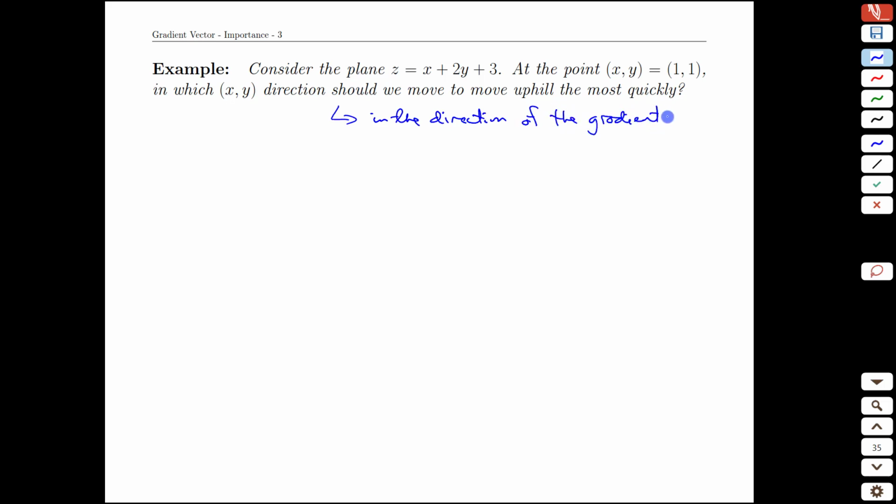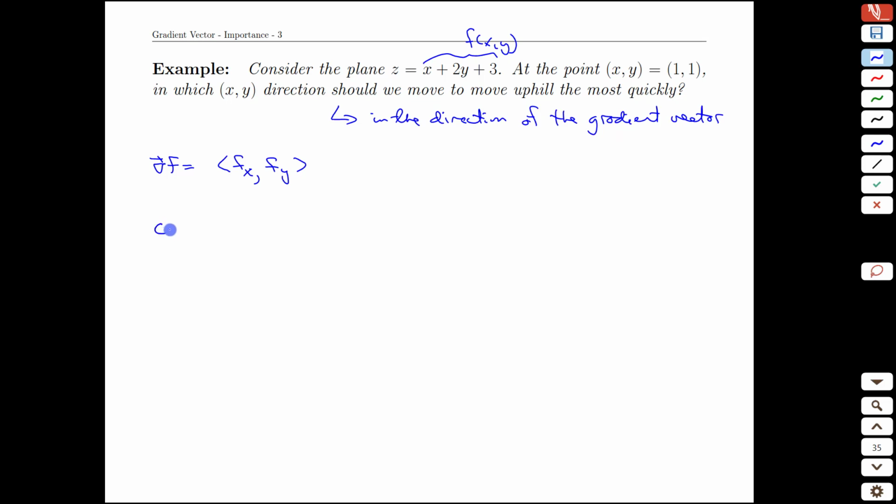All right. Well, then we need to find the gradient vector, and that gradient vector is equal to the package of the x partial derivative, comma, the y partial derivative. Well, here we have our function. This is our f of (x, y).